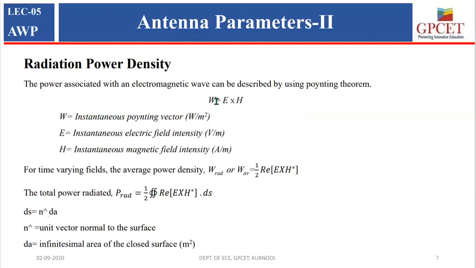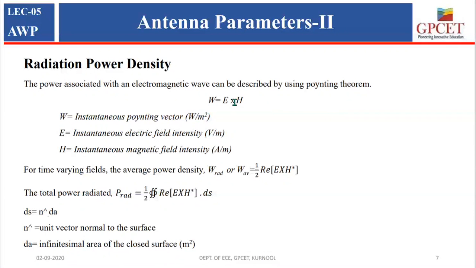Simply we can call it instantaneous power. Because of this equation, we can calculate the power at a point in the antenna radiated zone, the antenna far field zone.